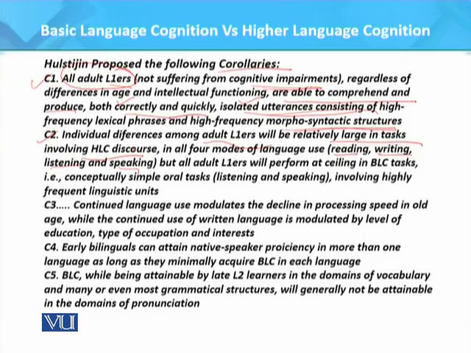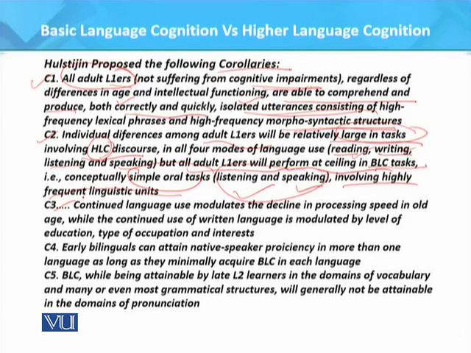So the individual differences among adult first language learners will be relatively large in tasks which involve higher language cognition discourse, but all adult first language learners will perform at ceiling, which is highly impressive performance, in BLC tasks, conceptually simple oral tasks, listening and speaking, involving high-frequency linguistic units. So here we see the simple oral tasks consist of these two modes. There you see their performance at ceiling, at a very high stage.